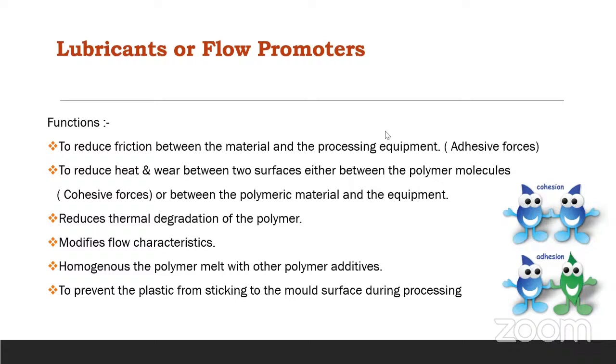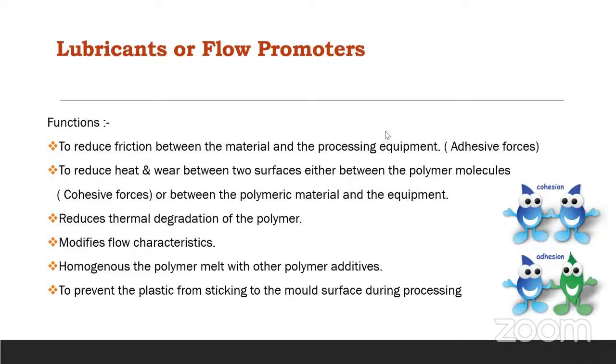So your polymer chains will slip, or slide, over each other. This sliding induces the flowability of your polymeric material, and due to this, the flow properties of the polymer will improve. Okay, got it?